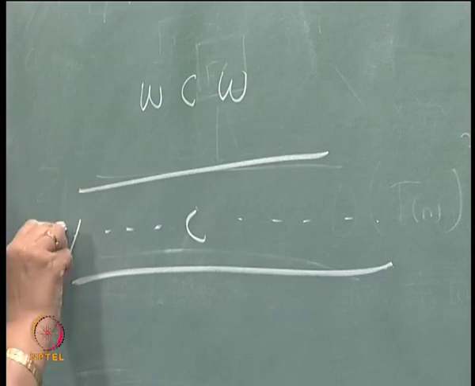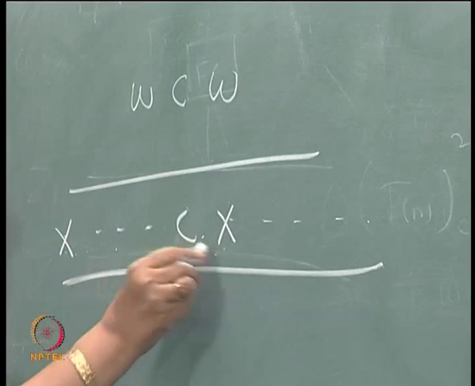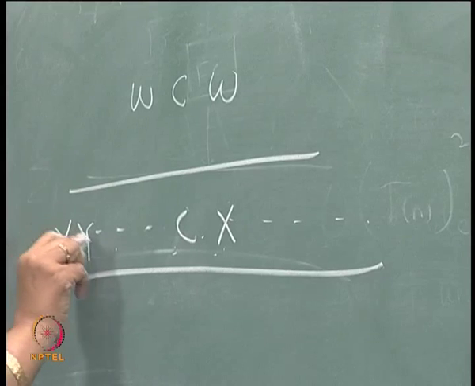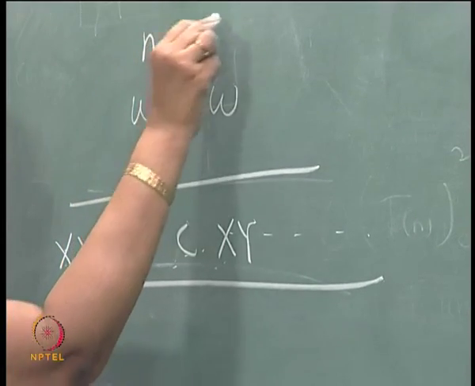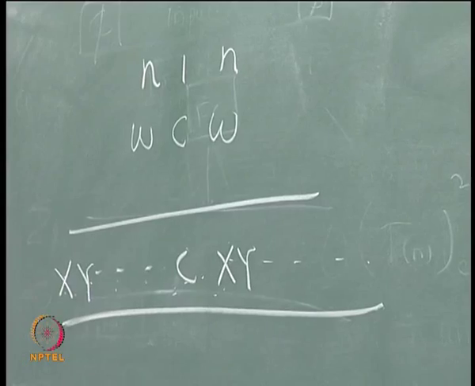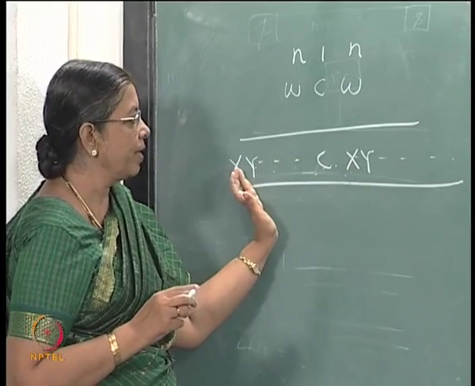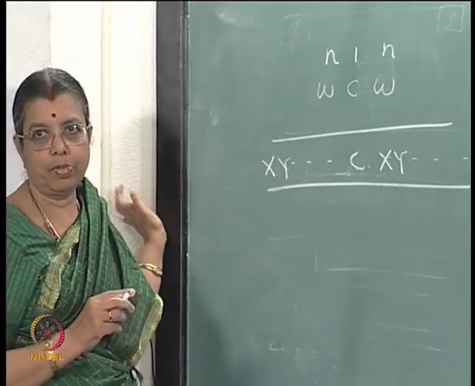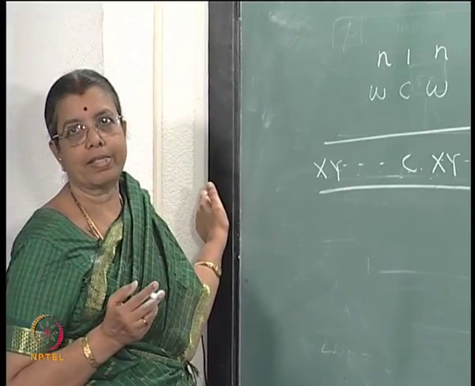You will be marking the first symbol and checking whether it is the same symbol here, come back, mark the second symbol, go and mark the second symbol after C and so on. So, you may have to make a number of moves. If W has length n, the input length is 2n plus 1. For checking one pair of symbols, it has to take n plus n, 2n moves and so on. So, the number of moves will be of order n squared.